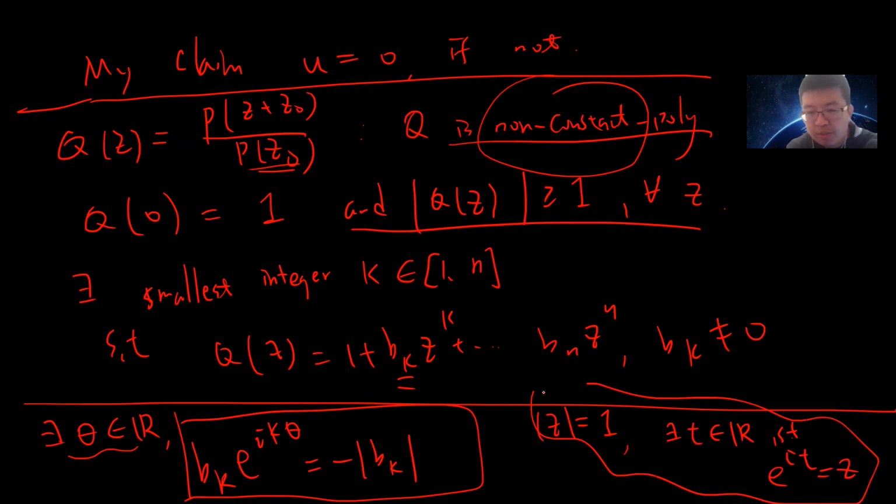This is very elementary: you just draw a circle and see the angle. So there is a theta in R such that b_k times this becomes negative absolute b_k.